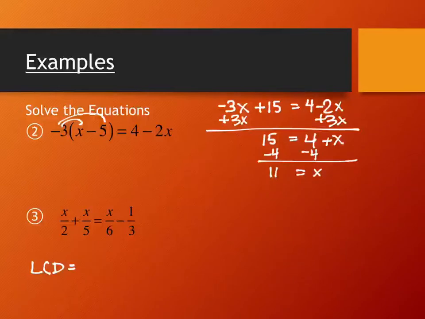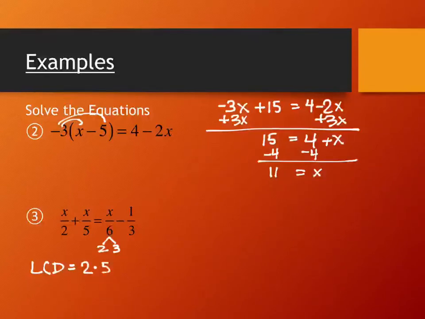So as you take a look at the factors in the denominator, you've got a 2, we've got a 5, I've got a 6, and I've got a 3. 6 is the only one of them that's not prime, right? Everything else can't divide down any further, but the 6 is a 2 times 3. So your least common denominator is found by taking all the pieces of the denominators that are already there. There's a 2, right?